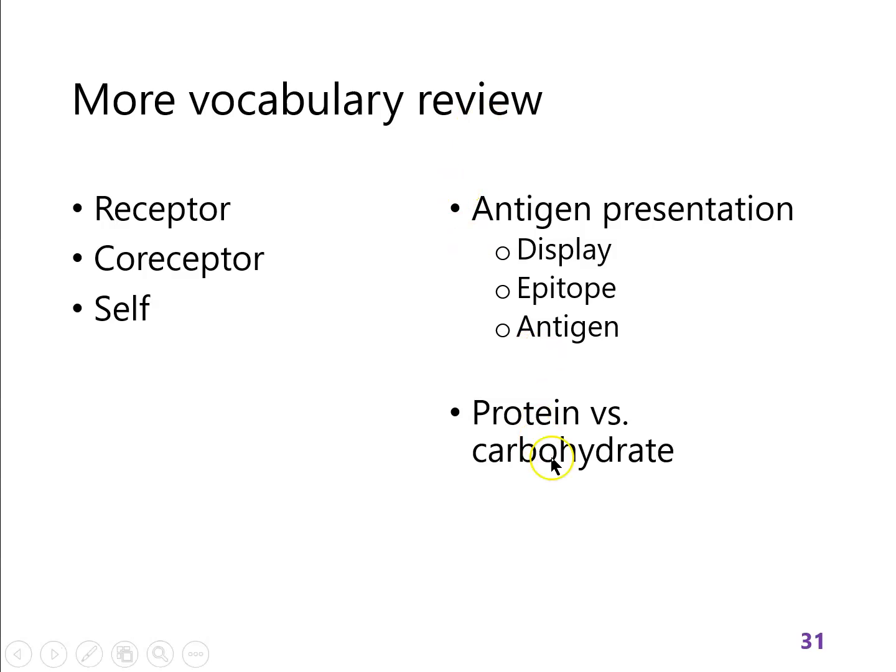I have this in here because most of what we're talking about with adaptive immunity is proteins. The adaptive immune system is very good at identifying proteins. That's really what it's for. It's not as good at identifying carbohydrates. So we will be talking mostly about proteins.